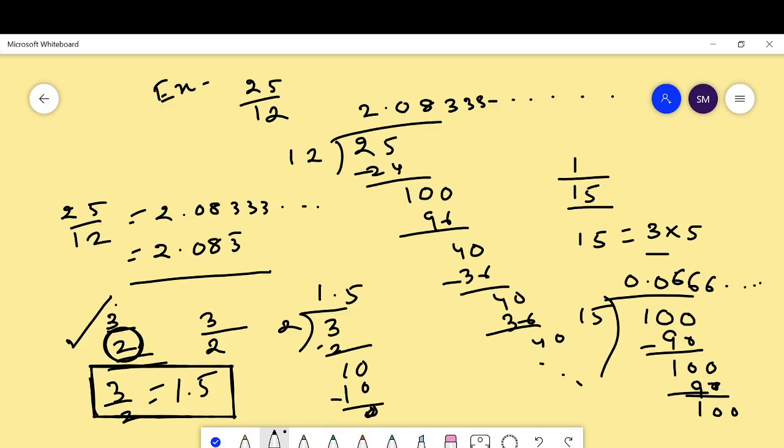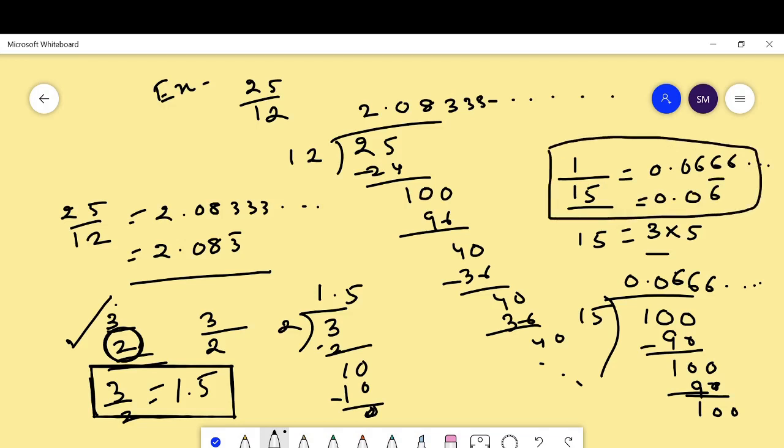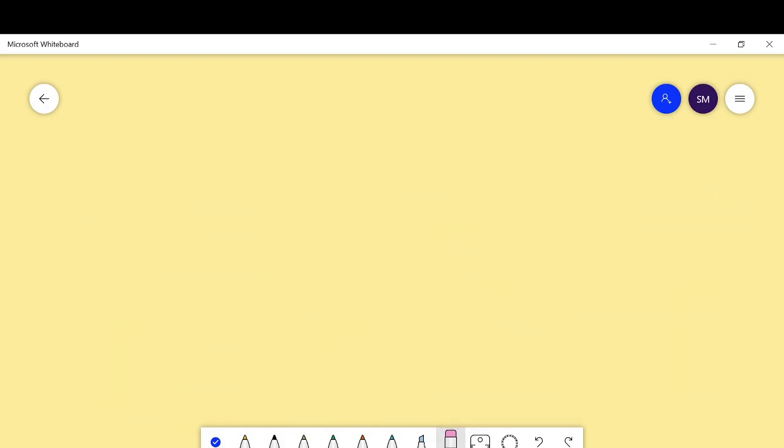In this way we get an infinite number of 6s, which means 1 upon 15 is 0.0666 infinitely, which is 0.06 bar. This is non-terminating. I have already told you, only by seeing the denominator we can say whether this is terminating or non-terminating. I will solve some more examples which will make it clear to you.